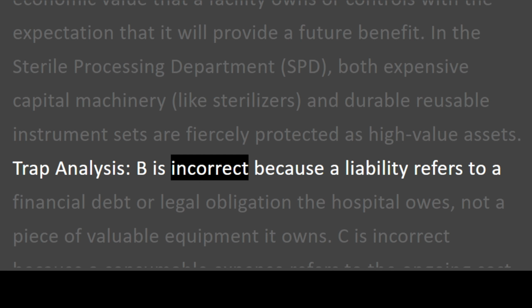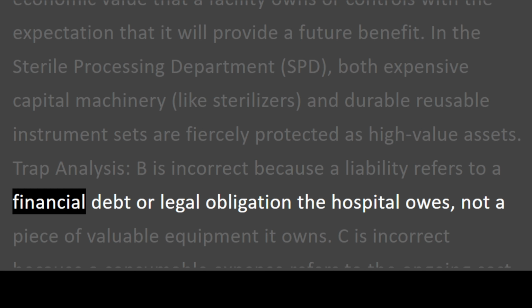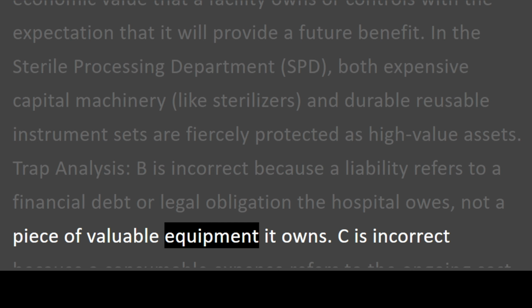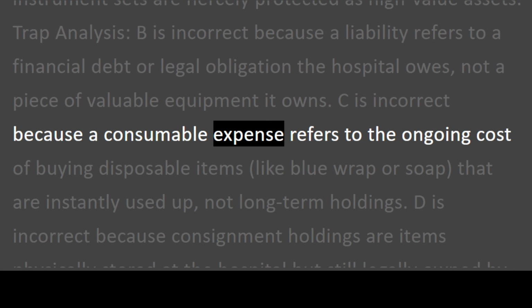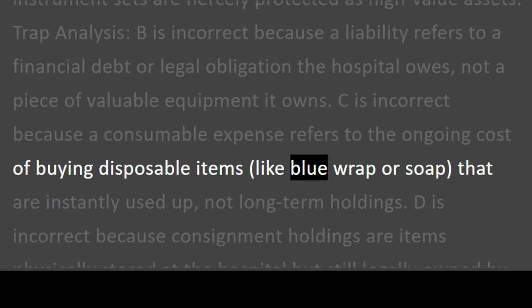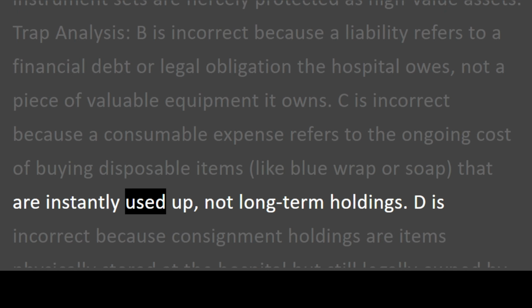B is incorrect because a liability refers to a financial debt or legal obligation the hospital owes, not a piece of valuable equipment it owns. C is incorrect because a consumable expense refers to the ongoing cost of buying disposable items, like blue wrap or soap, that are instantly used up, not long-term holdings.